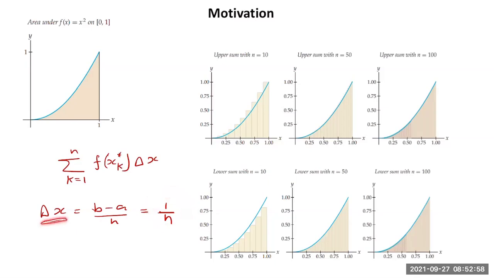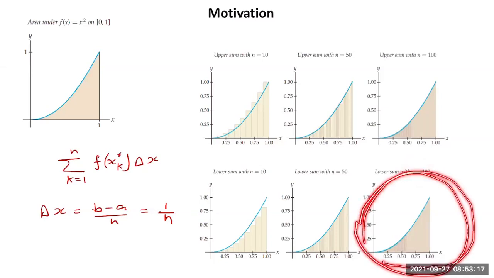Okay, delta x is always the width of a rectangle. When you make your delta x smaller, you get better and better approximations. This is the approximation when you have 50 rectangles, and this is the approximation when you have 100 rectangles. As you can see, this looks like almost a perfect approximation.